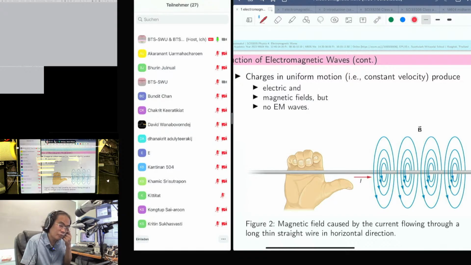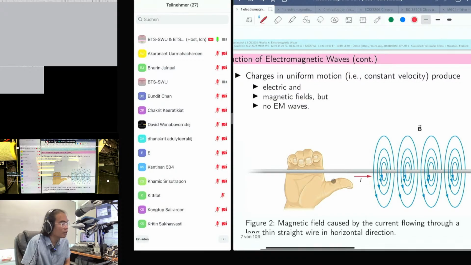Only the negative charge, the electron, can move from one atom to another atom, but the electron moves in this way, in the opposite way to the current direction convention right here.